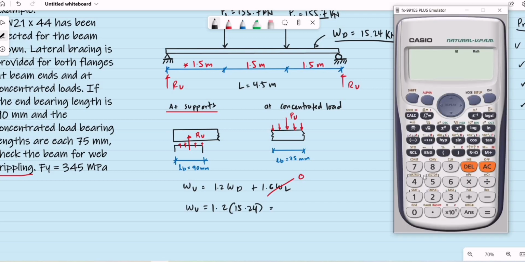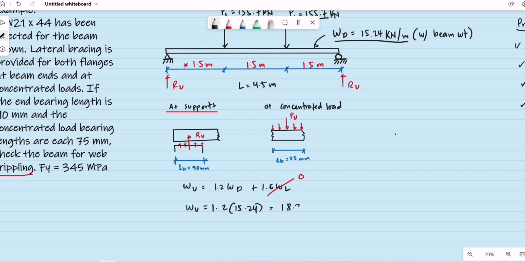And this is equal to 1.2 times the 15.24. This is equal to 18.288 kilonewtons per meter.